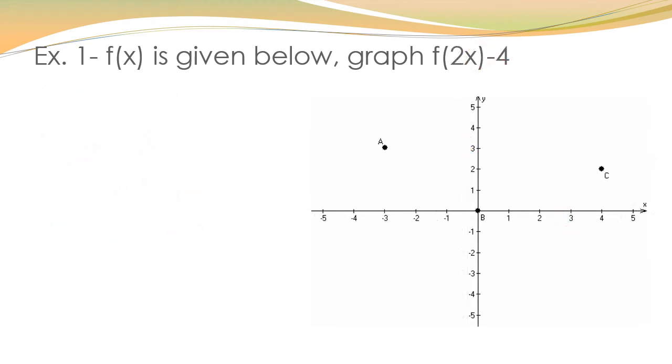Okay, so now we've got two things happening here. Graph f of 2x minus 4. So now we have a k value and we have a c value.